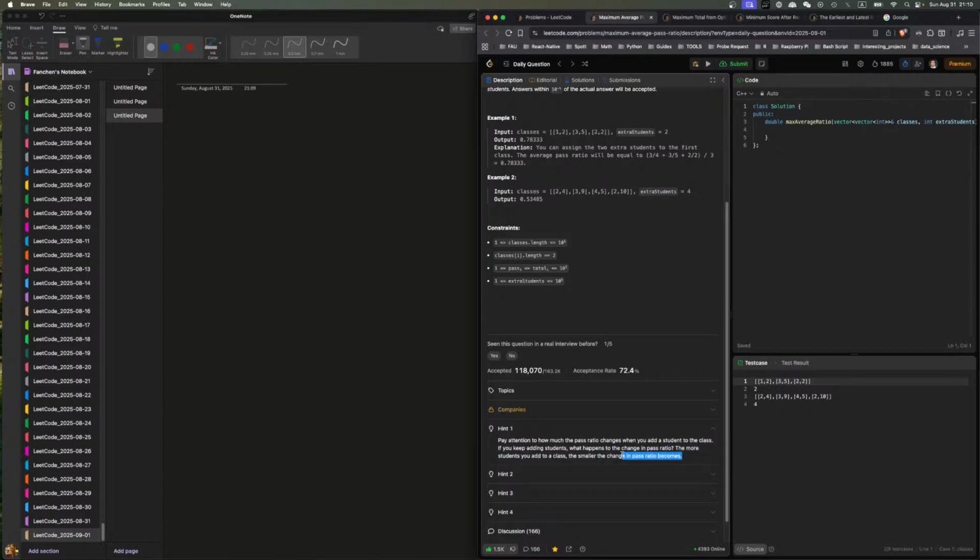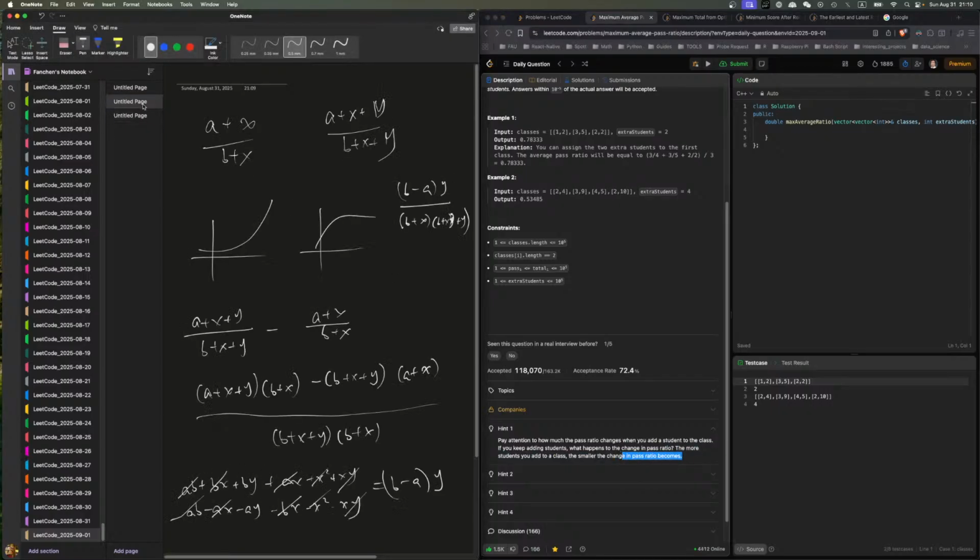Oh, okay. It is the smaller. Okay, how do I prove it? So basically we have this something plus Y, right? This is this minus this. So if Y equals 1, I have something plus 1, and Y equals 2 is going to be this.